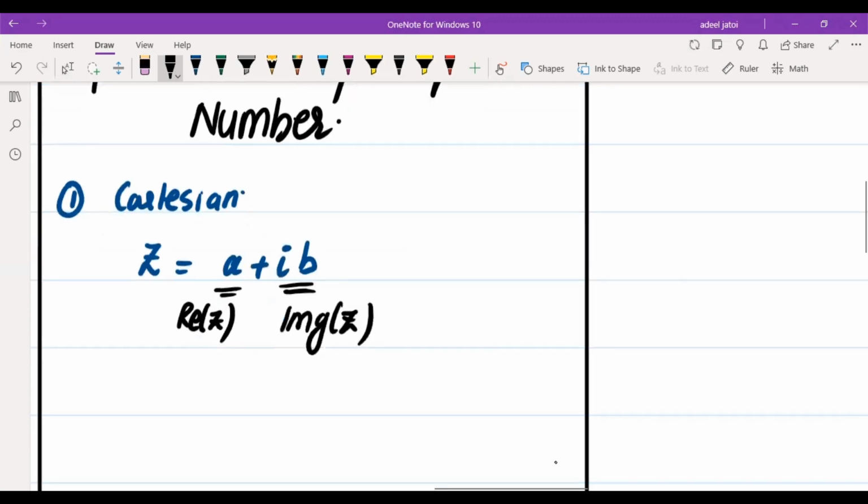The real value of Z is represented on the x-axis, whereas the imaginary value is represented on y.